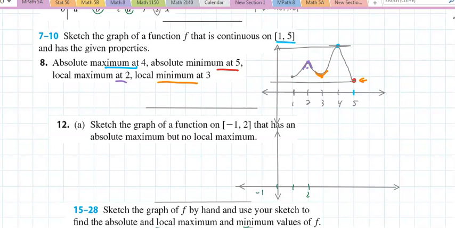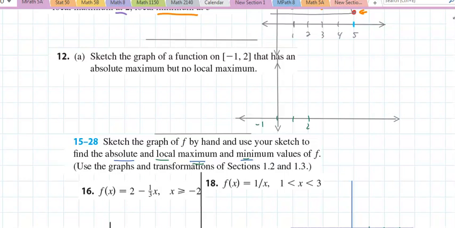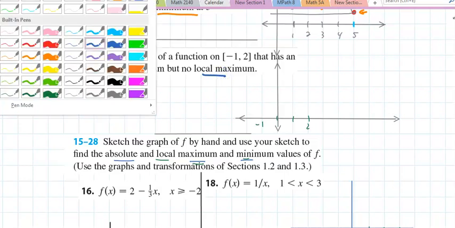I'm looking at 12a. 12a says, sketch us a graph, and let's see what they want here. Sketch a graph on -1 to 2 that has an absolute maximum but no local minimum. Okay, absolute maximum, no local minimum.